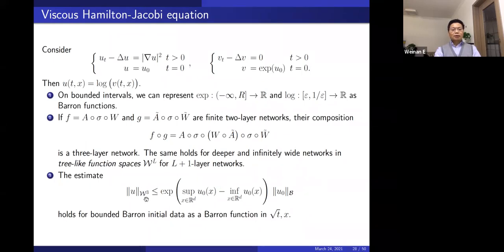This W3 stands for the 3-layer space. So this says that it can be efficiently approximated by a 3-layer neural network, but most likely it cannot be efficiently approximated by a 2-layer neural network. That's what these kinds of estimates imply.